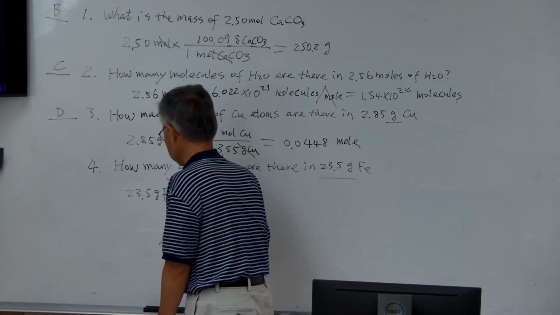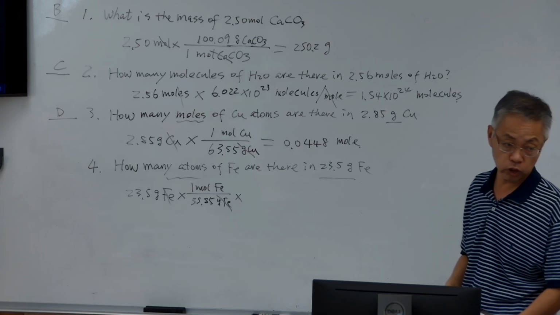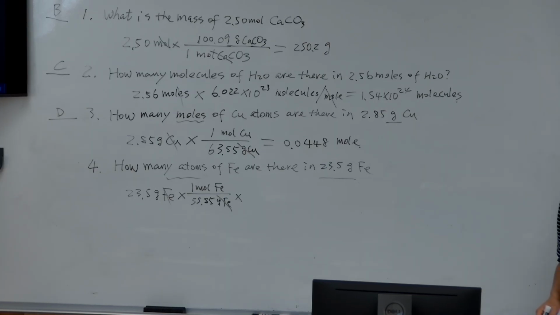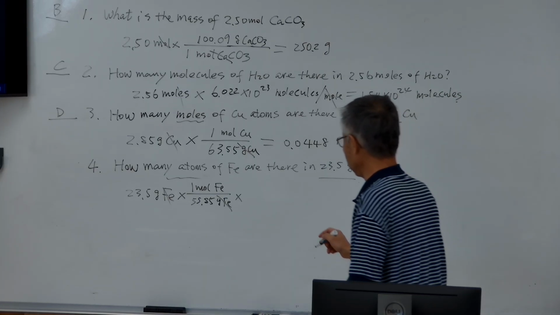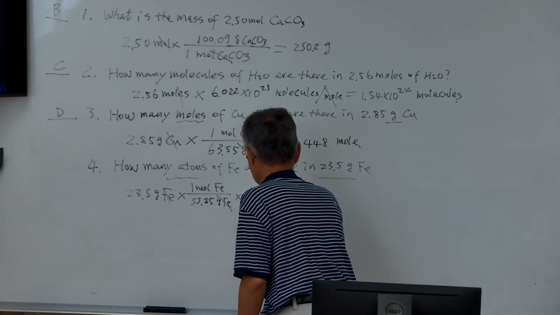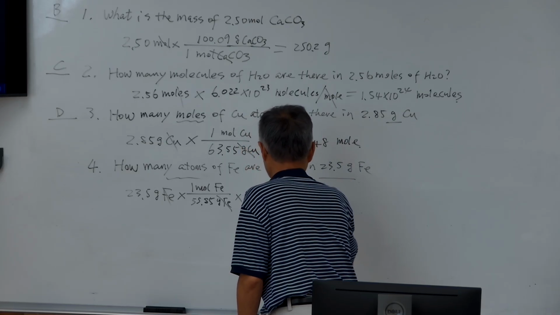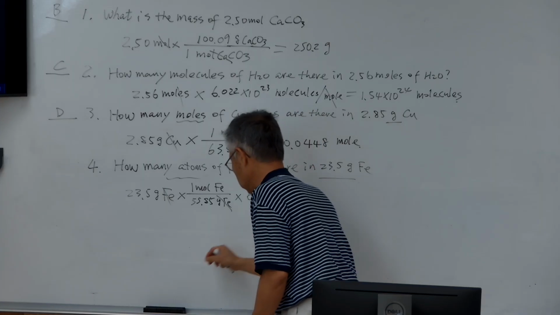So you get moles. Then from moles, convert to number of atoms by multiplying by Avogadro number, 6.022 times 10 to the 23rd power.